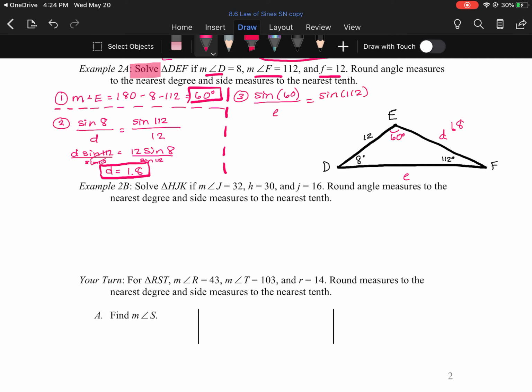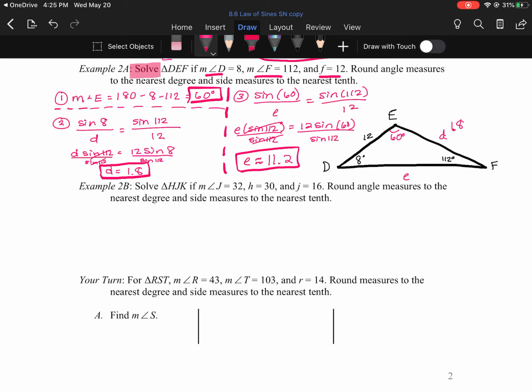So the sine of 112 over 12. So E times the sine of 112 is equal to 12 times the sine of 60. And then divide both sides by the sine of 112. We get that E is approximately 11.2.